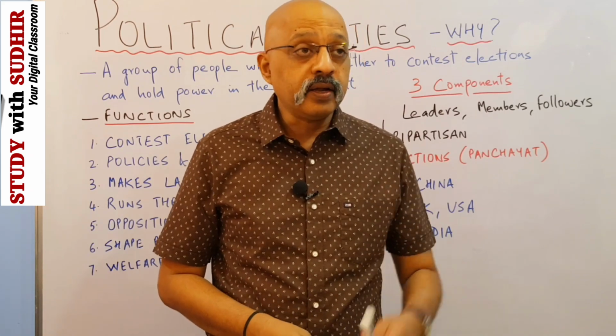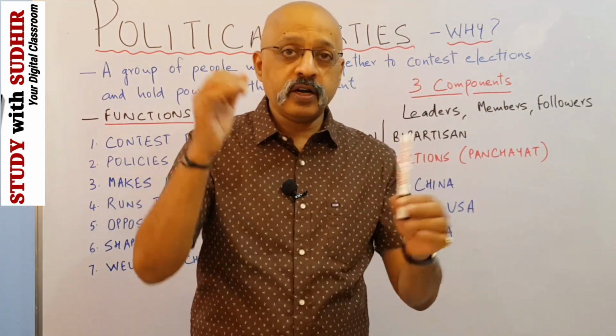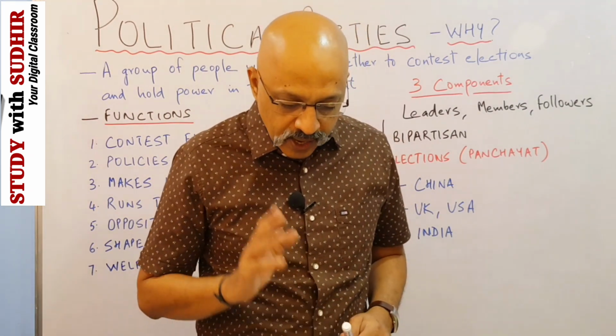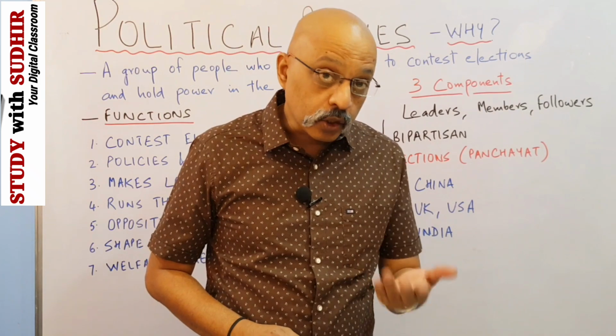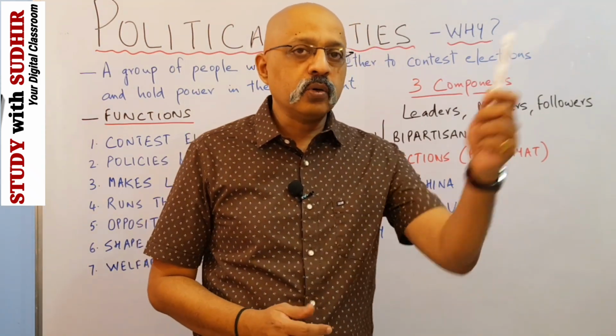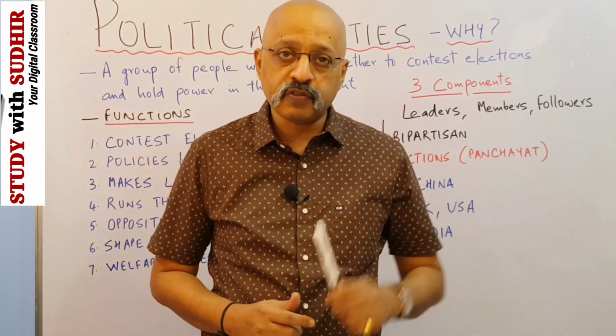If it was a two-party system, Akshay Kumar and Shah Rukh Khan, then you would be forced to watch movies only of Akshay Kumar and Shah Rukh Khan, right? It's like that. So in China, you have something called a one-party system. The two-party system is better because you can alternate. You don't like Shah Rukh Khan, you can go to see a movie of Akshay Kumar. You don't like Akshay Kumar, you can go to watch a movie of SRK.